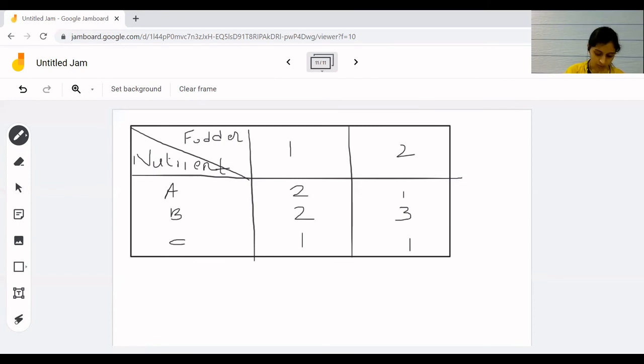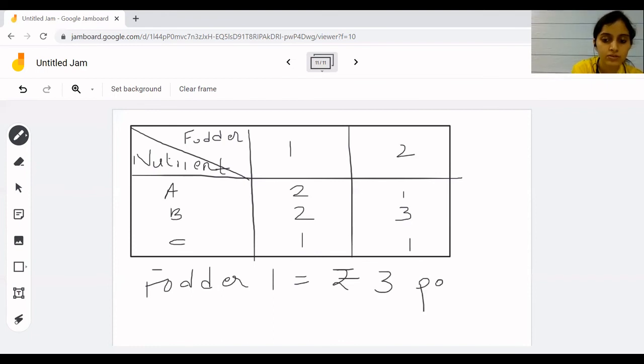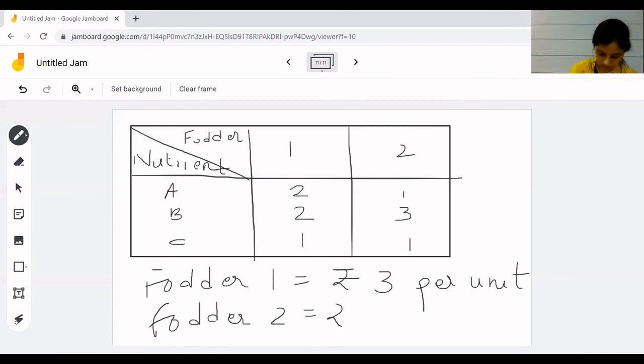The cost of fodder 1 is rupees 3 per unit. So fodder 1 is equal to rupees 3 per unit. Okay, and fodder 2 is equal to rupees 2 per unit.